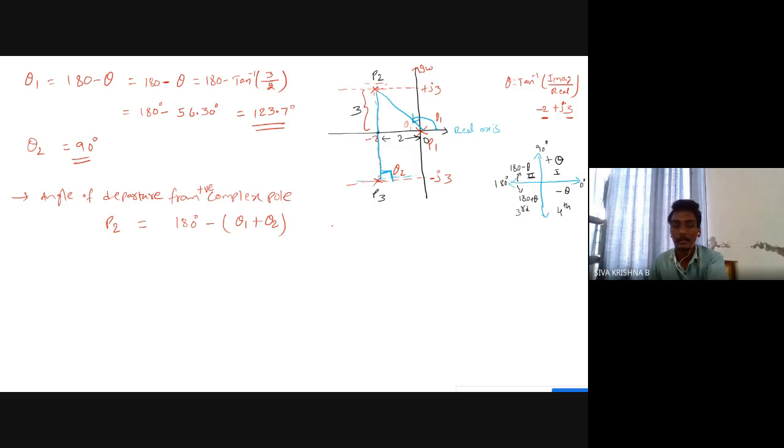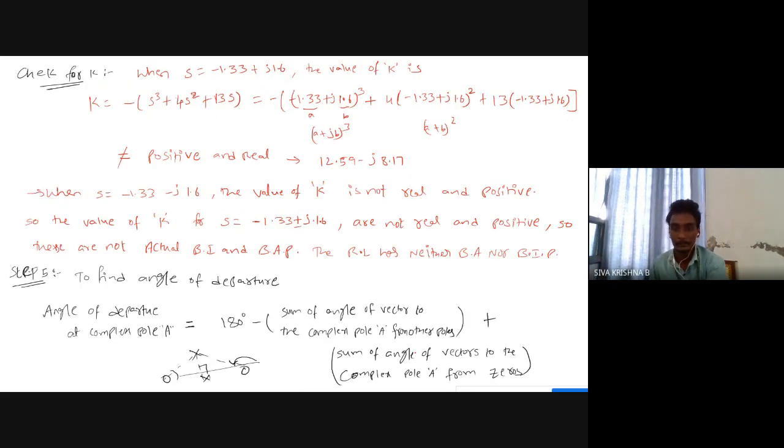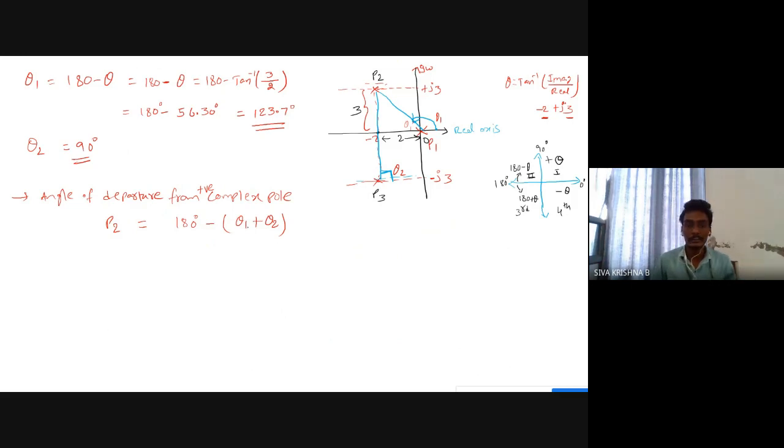I already told you this formula in the last class. So this is what I am writing here: 180 minus, what is theta 1? Theta 1 value is 123.7, plus 90. So add these two and tell me the remaining values.